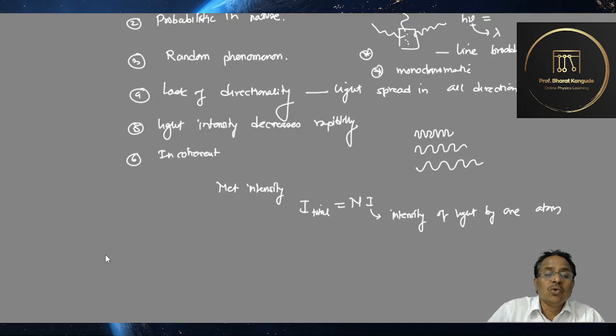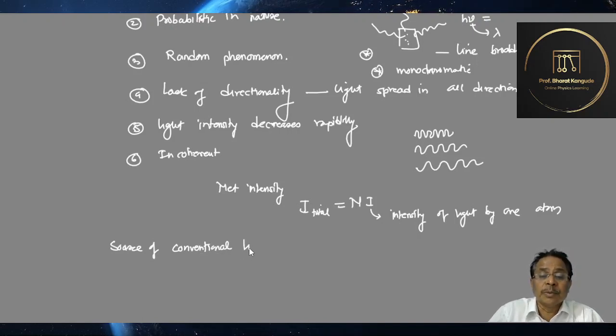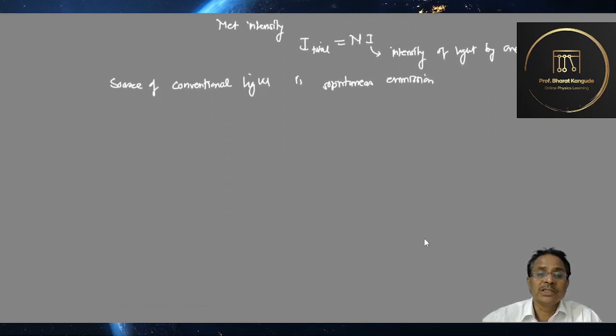Conventional means all lights we use for illumination purposes. Spontaneous emission is the source of all the conventional lights we see around us.